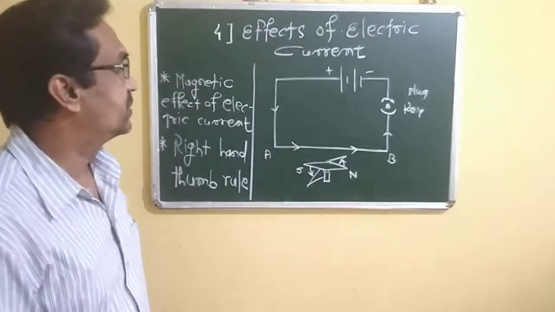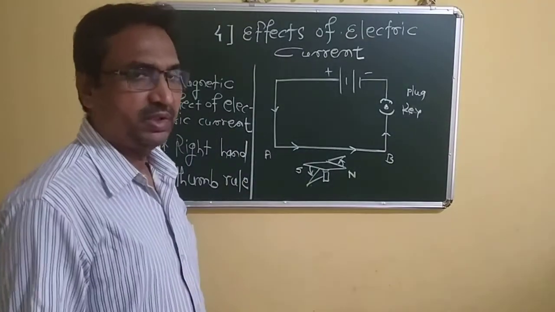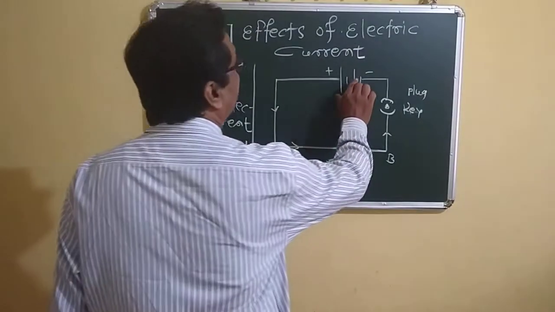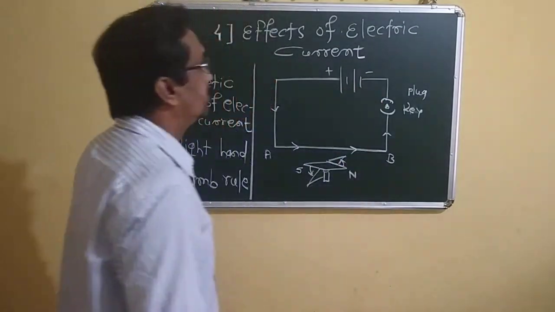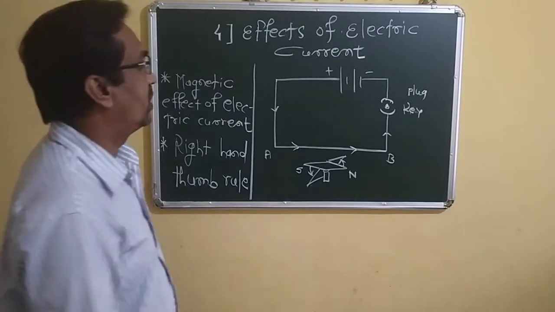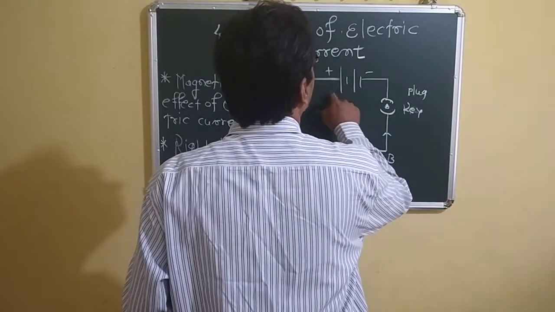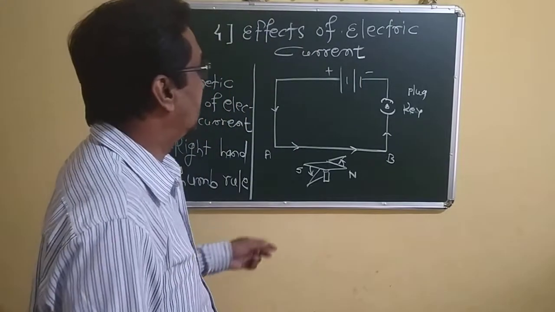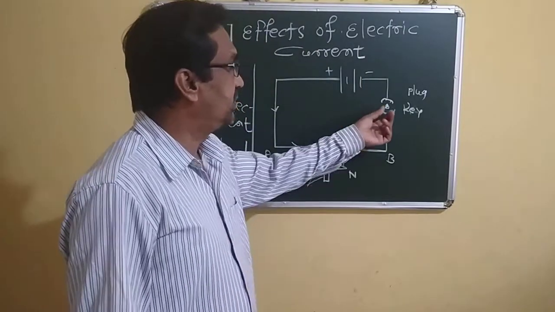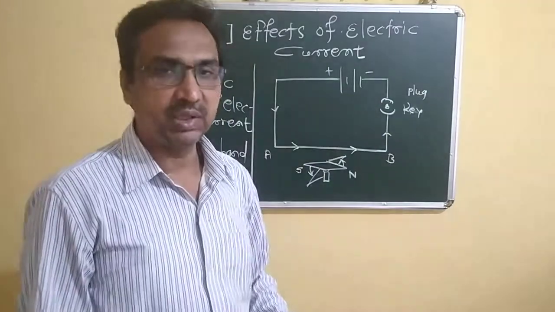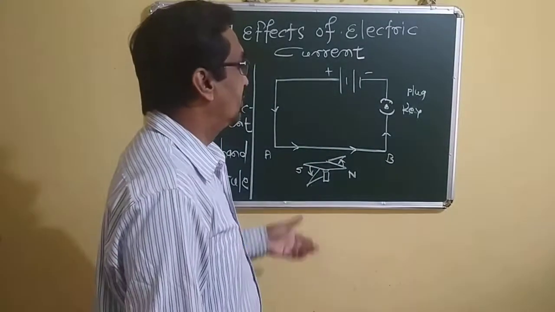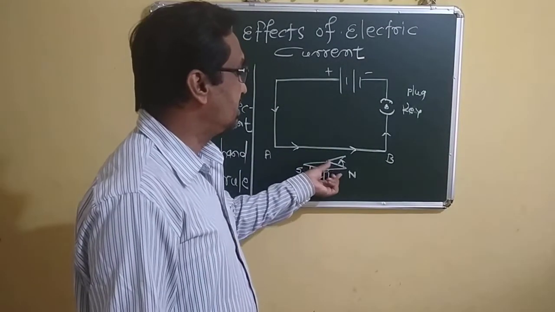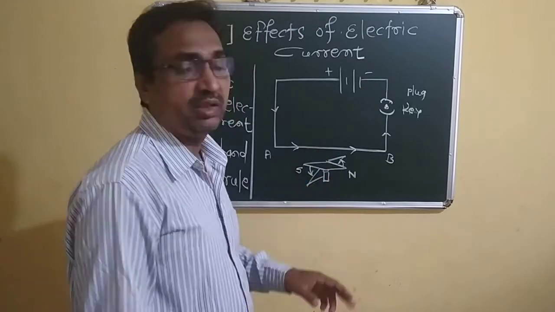Now we have to repeat this experiment by interchanging the polarity. Here is the positive terminal, here is the negative terminal, and after that we insert the plug key and see the deflection in the magnetic needle.